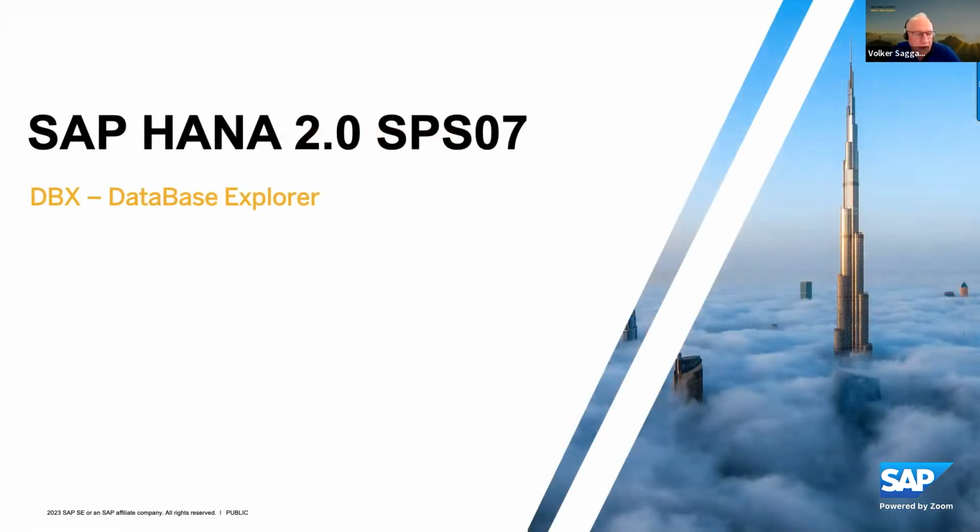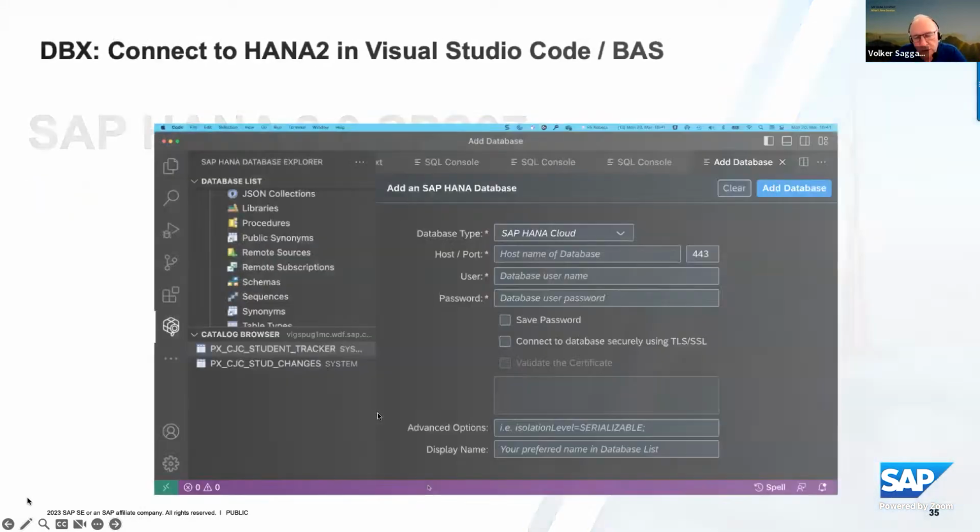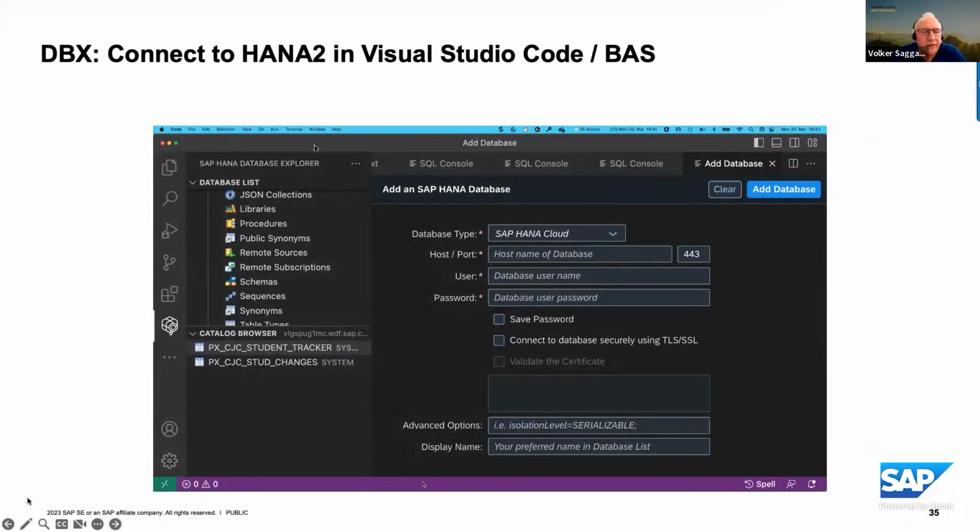Now to another section, which is the Database Explorer, and Jan showed that a little bit. No, he didn't show it. No, sorry, but I will show it to you. And therefore, I'm going into the Database Explorer plugin from Visual Studio Code.